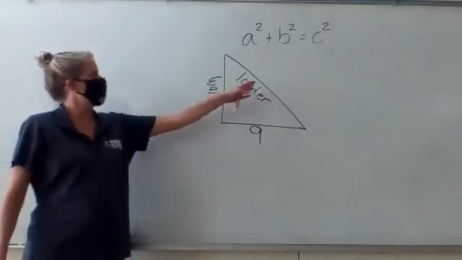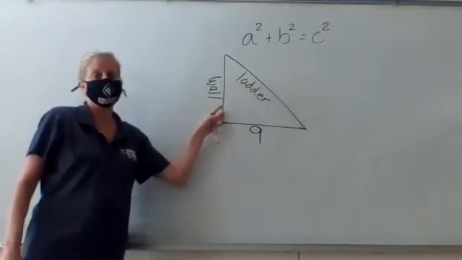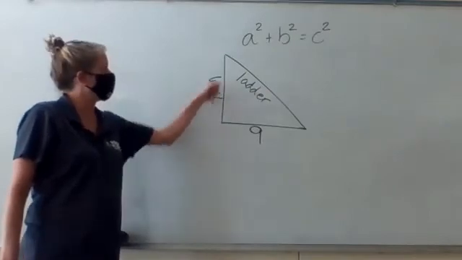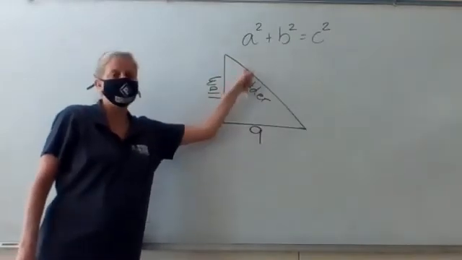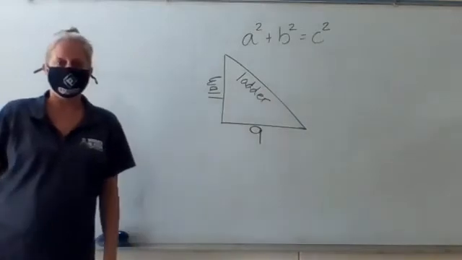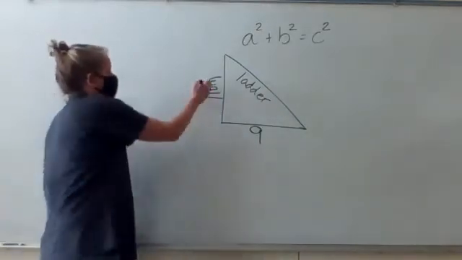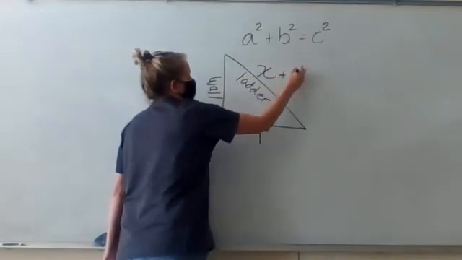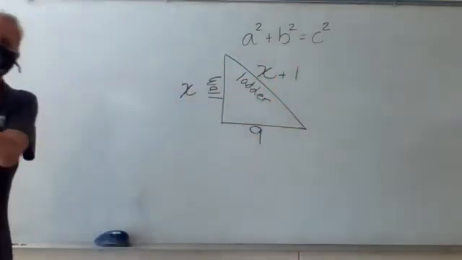I don't know what either side is, but whatever this wall side is, the length of the ladder is one more than that. Which means I can call this x. If I need to add 1 to it, that side will be x plus 1.